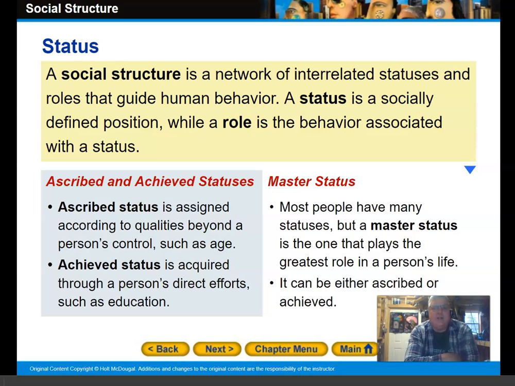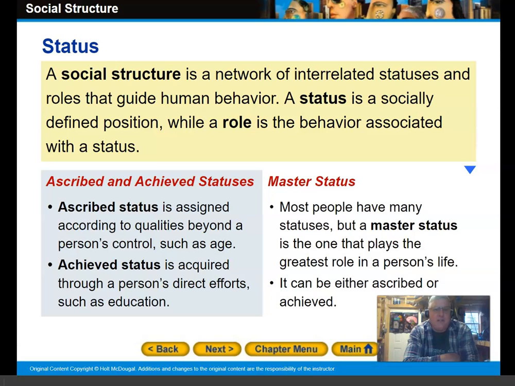Social structure is a network of interrelated statuses and roles that guide human behavior. A status is a socially defined position, while a role is a behavior associated with a status. Ascribed and achieved statuses.